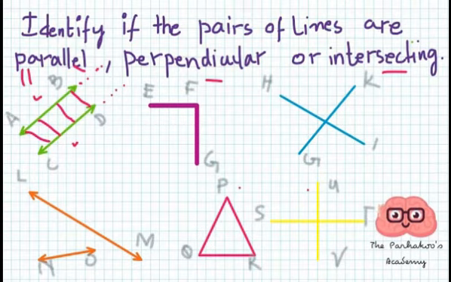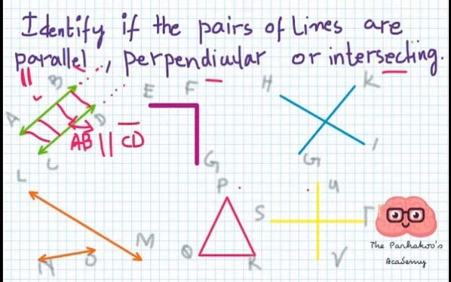We can write it this way: line AB, since this is a line, so a line symbol, is parallel to line CD. So these two lines are parallel lines.